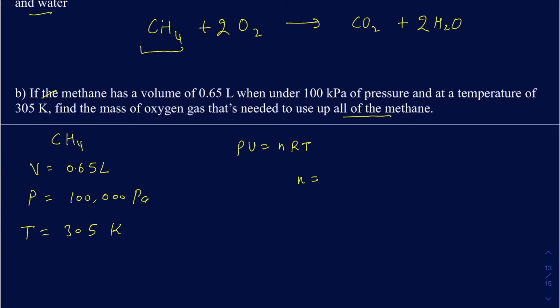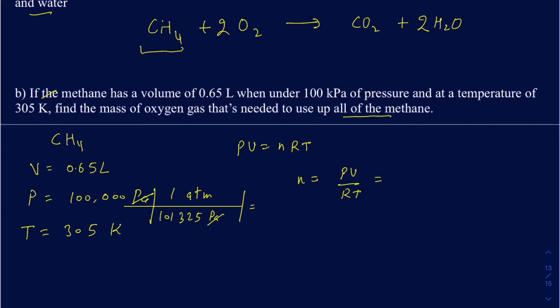So your moles is going to be equal to PV over RT. I need the pressure in atmospheres because you're using R, so make sure you convert this pressure to atmospheres. What's the relation between atmosphere and pascal? 1 atmosphere is 101,325 pascals.